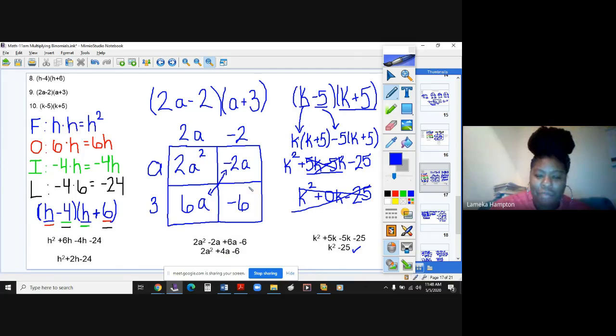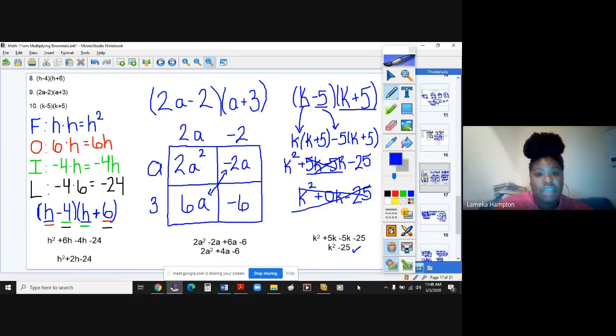All right. So we just did a review on multiplying binomials and the 3 methods that you can use to multiply binomials. Remember, you can pick any method that you like. You have to pick a method that is comfortable for you. You have to pick a method that works for you. Okay, but most importantly, when it comes to your math GED, you want to pick a method that is quick and efficient.